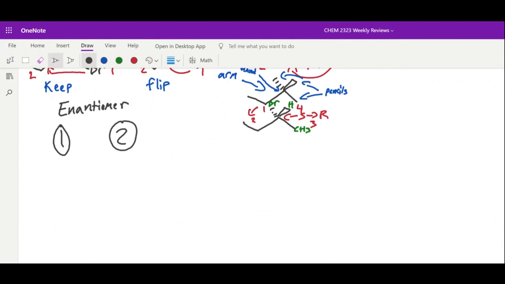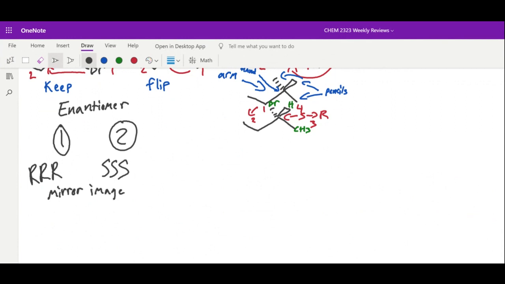Okay. And then let's say structure 1 has 3 chiral carbons, and you have R, R, R. Structure 2 is going to have S, S, S in order for this to be an enantiomer. Okay? It's going to be the exact opposite, or a mirror image.